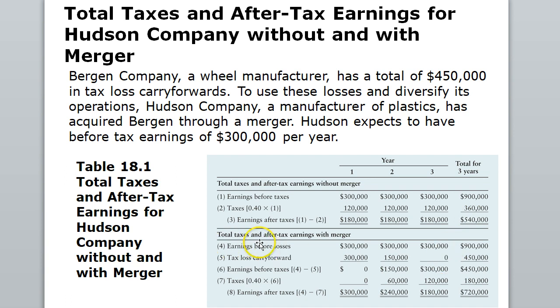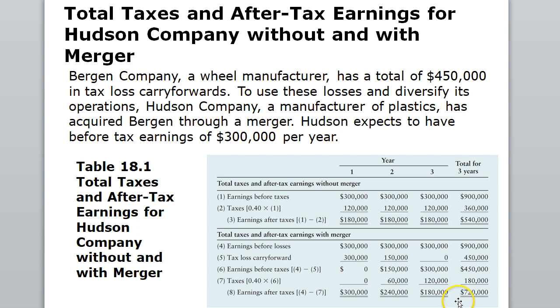Now, if we look at the total taxes and after-tax earnings with the merger, we see that we can use the tax loss carry forward for year one, eliminating all profits and taxes from year one, which gives us the total earnings of 300,000 since there's no tax consequences. And in year two, the remaining $150,000, which lowers our taxes from 120 to 60, bringing our total earnings after taxes to 240. So our actual earnings go up from 540,000 to 720,000.